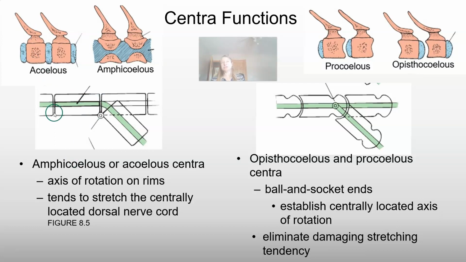So it's not a huge deal because acoelus and amphicoelus aren't using a whole lot of motion in the sagittal plane. But if they did do a lot of motion in the sagittal plane, then they could be stretching their nerve cord, which could be damaging. But when we look at procoelus and Postcranial centra, again, these ball and socket ends, they have the centrally located axis of rotation, and that limits the damaging stretching that we see.